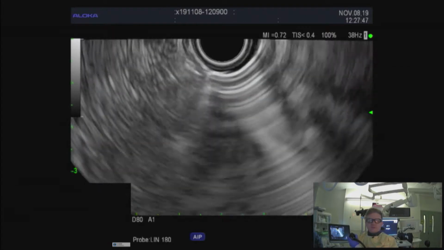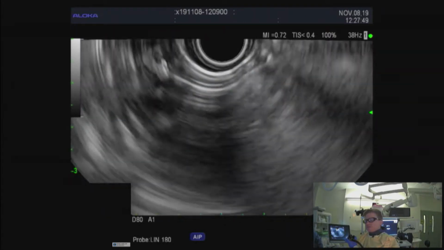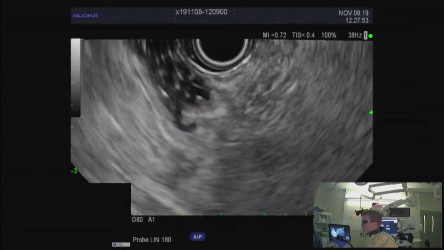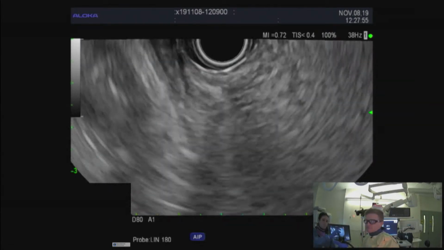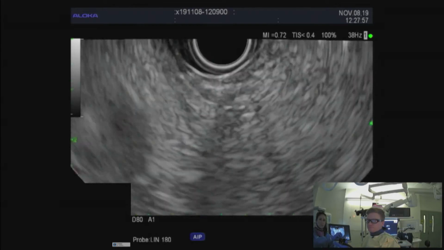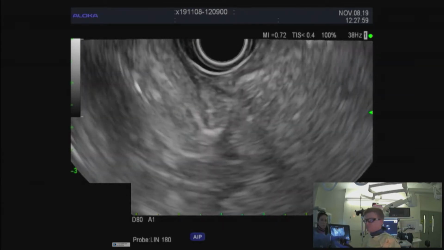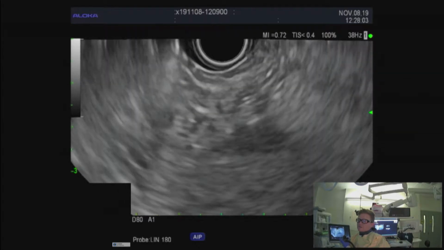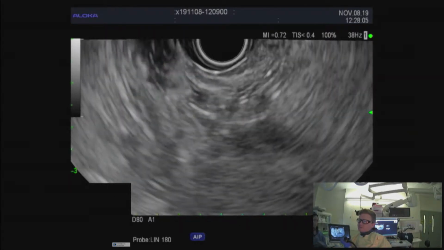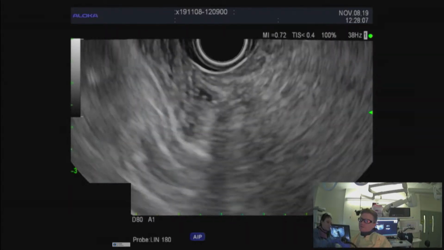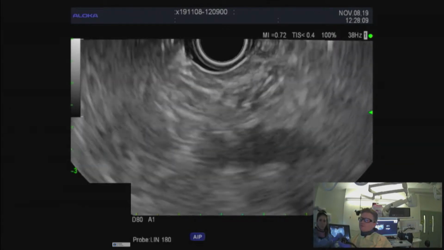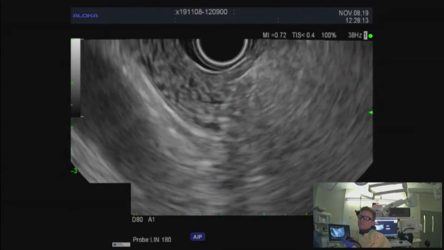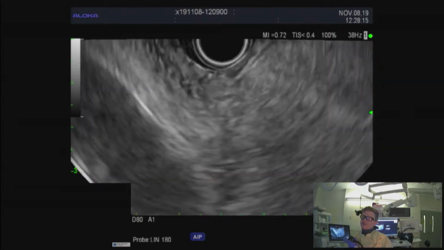So now I'm in the second portion, and typically in this position, we'll introduce some water or saline into the duodenum to help with visualization. Okay, and we'll have one more flush. And here I have the uncinate process of the pancreas to the right of the monitor. And I'm going to be pulling back, looking for the ampulla, the pancreatic duct and the bile duct.